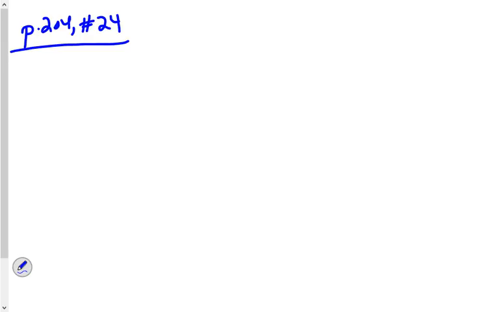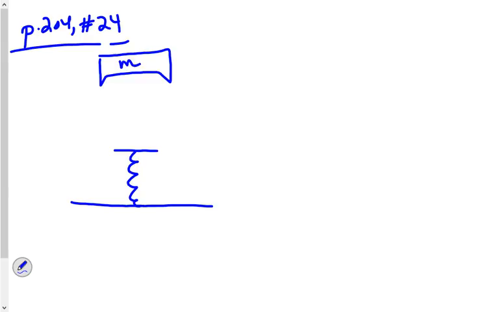Okay, so let's start with a picture here. Here's my spring sitting in its natural length. Here's my object of mass m equal to 2 kilograms.